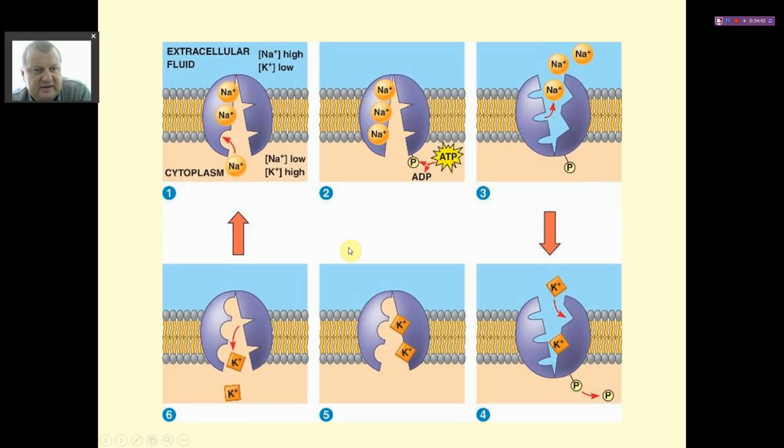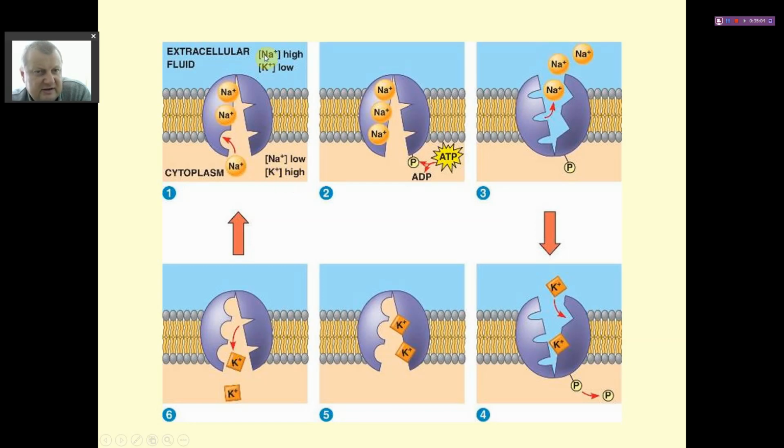And this slide illustrates how this enzyme is working. This is the cell membrane. Here is the extracellular fluid, this is the cytoplasm. In the cytoplasm the sodium concentration is low and the potassium is high.